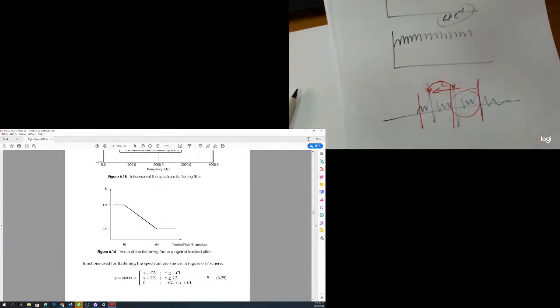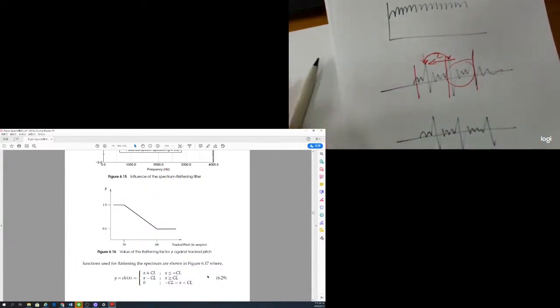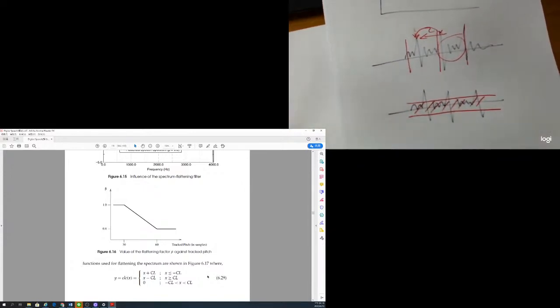However, with a signal like this, could we do some pre-processing? If we can, we truncate this part out and your signal becomes like this one.